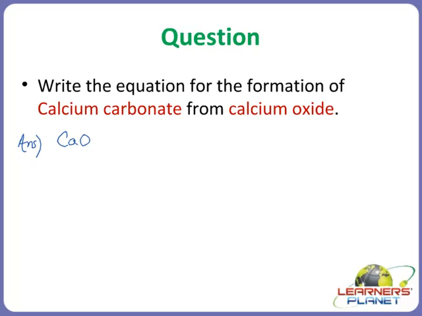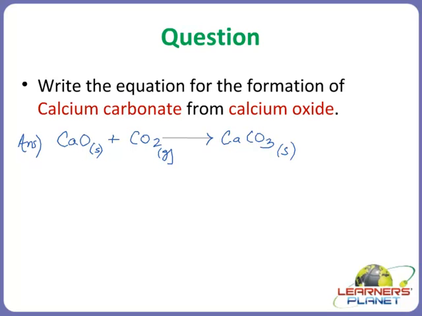So calcium oxide reacts with carbon dioxide and gives calcium carbonate, that is CaCO3. That is, calcium oxide solid plus carbon dioxide gas will give you calcium carbonate solid. So this is the equation for the formation of calcium carbonate.